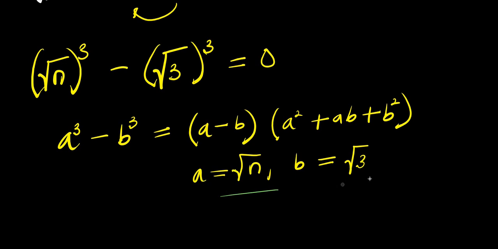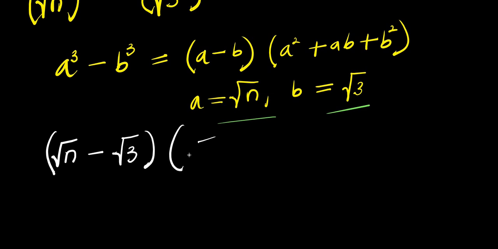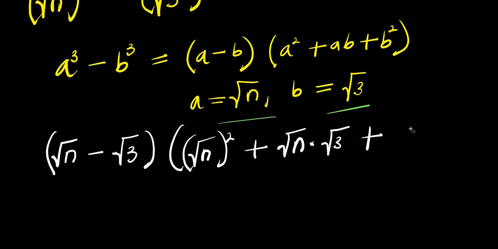So applying these values for a and b here, I will simply have for a minus b, I have square root of n minus square root of 3 times a squared, square root of n to the power of 2, plus square root of n times square root of 3, plus b squared, square root of 3 to the power of 2, and this equals 0.